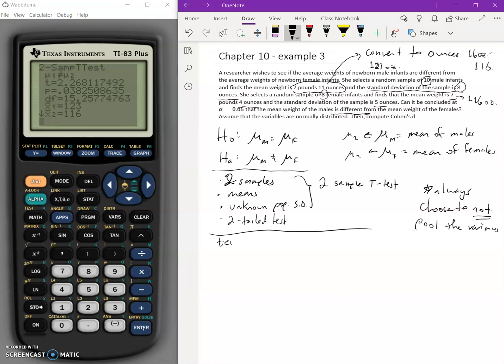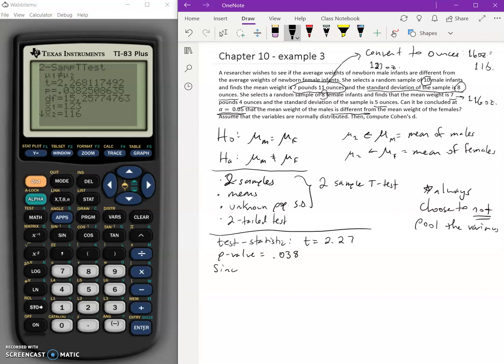So we have our test statistic. Our test statistic we see is going to be t is equal to 2.27. Our p-value we see is 0.038. So now we compare this to the alpha value that we were given.